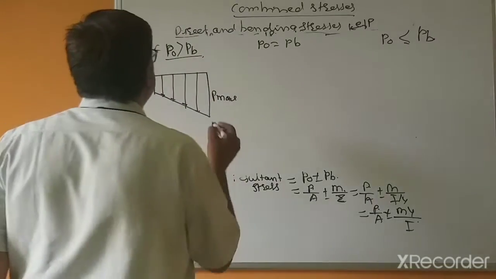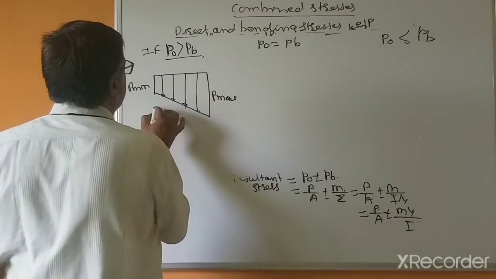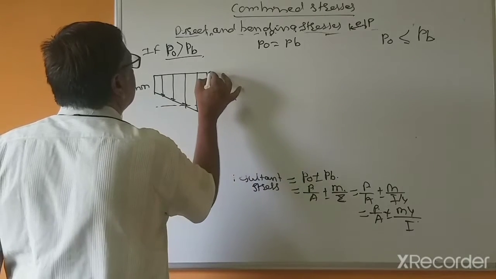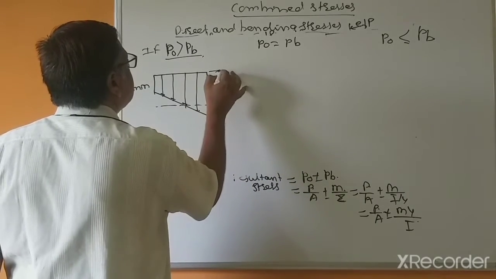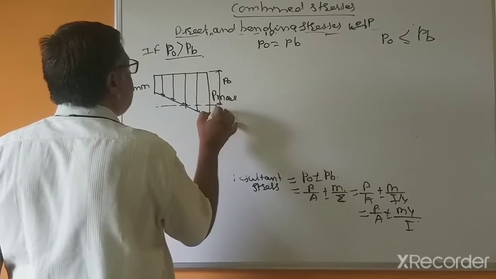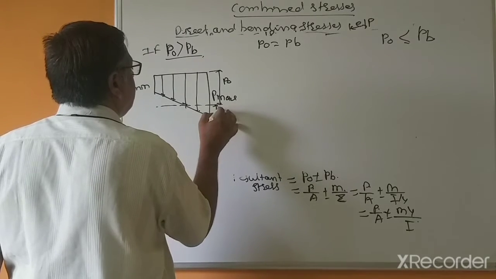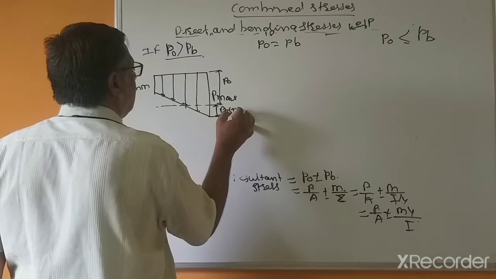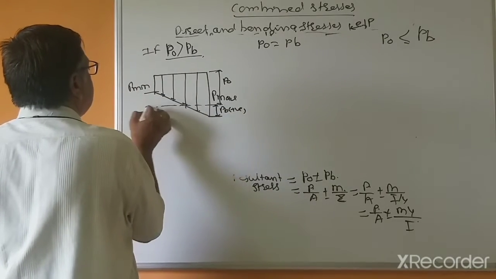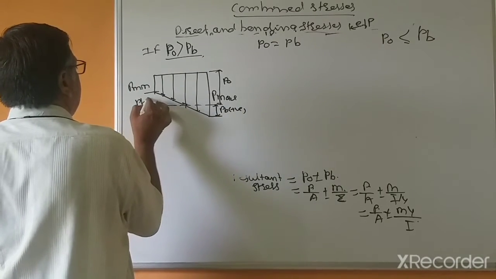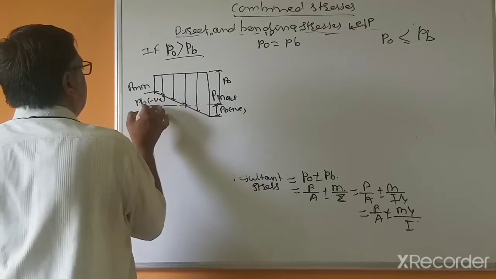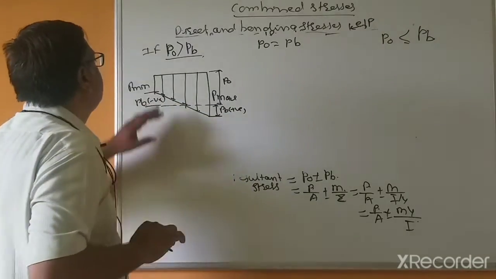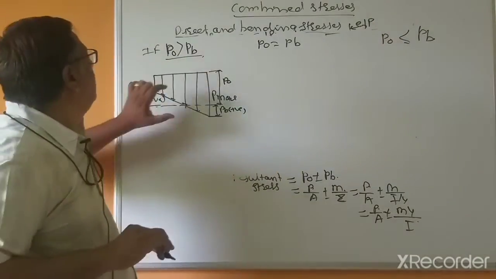So in this case, this is direct stress, this is PB positive, and this is PB negative. Try to understand when this direct stress is greater.